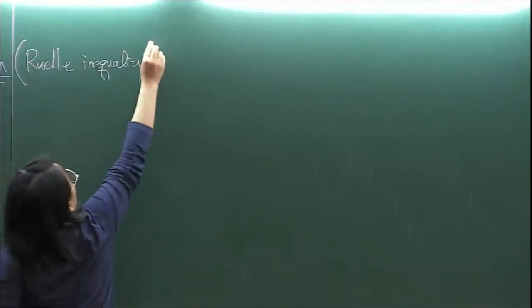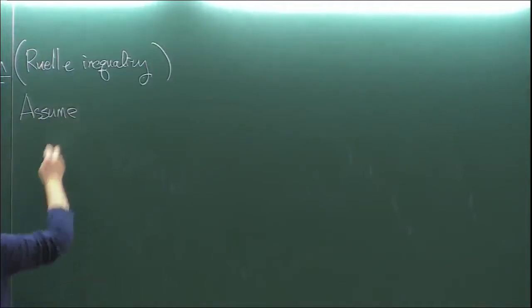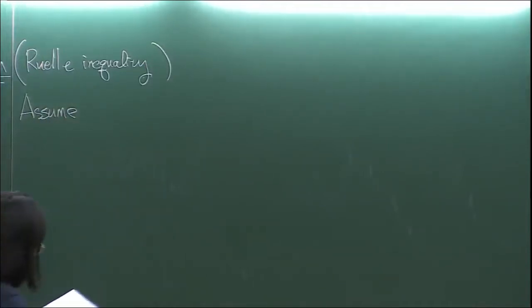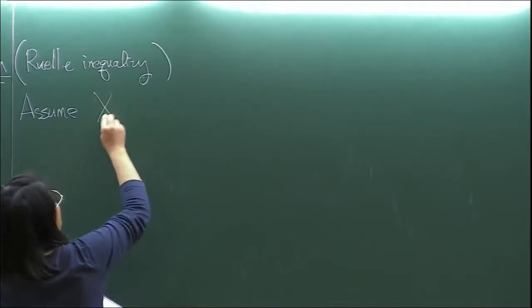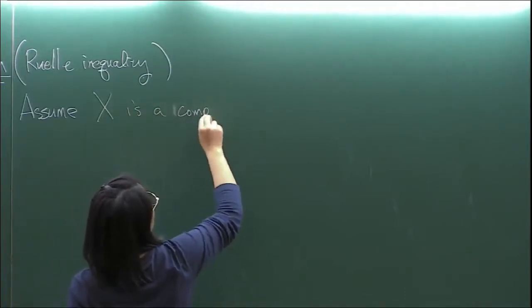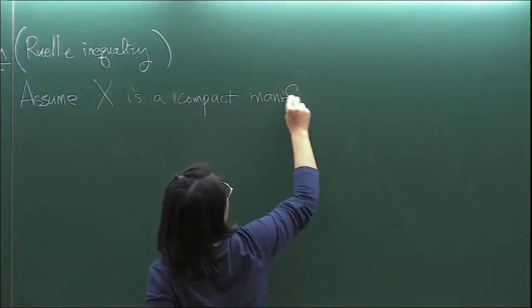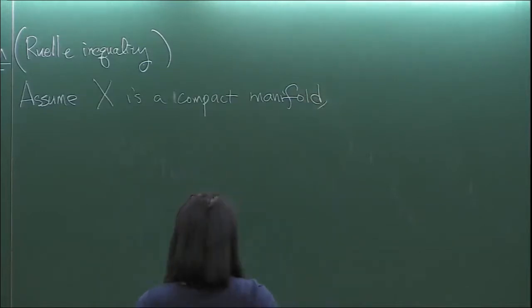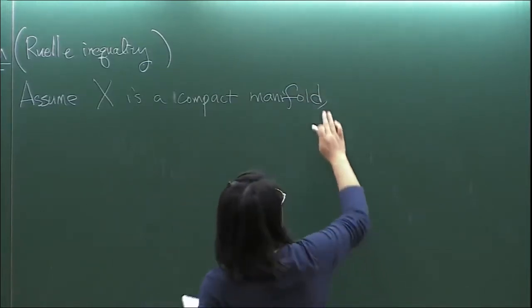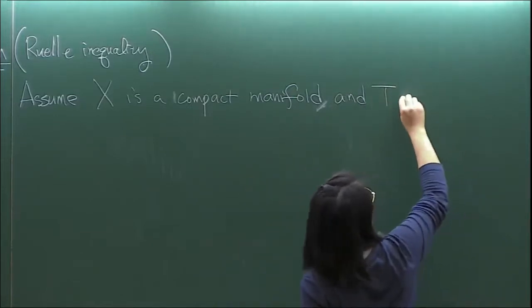So you only need few assumptions. We assume this X is a compact manifold, and this T, the transformation, is C1.